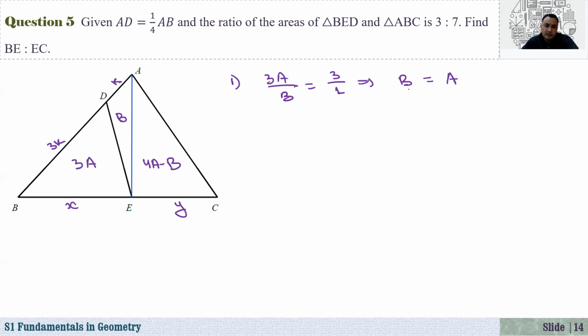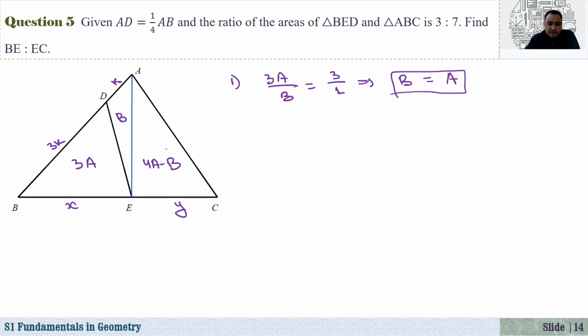So 3 times B equals 3 times A. So B is equal to A. All right, so B is equal to A. That's the first step.